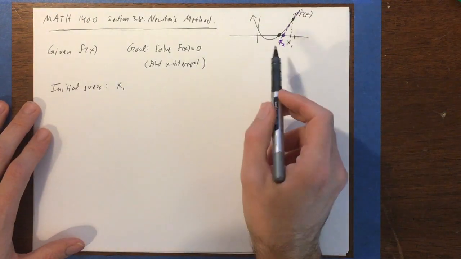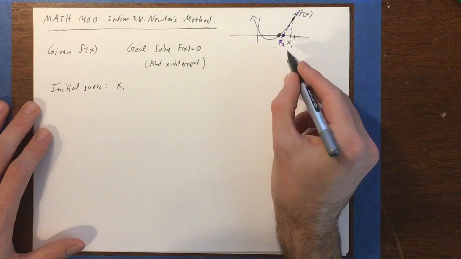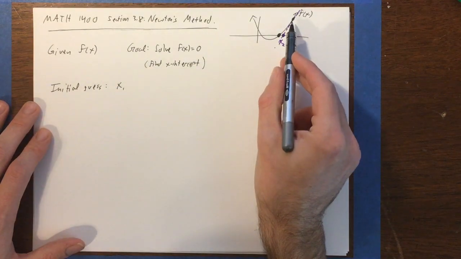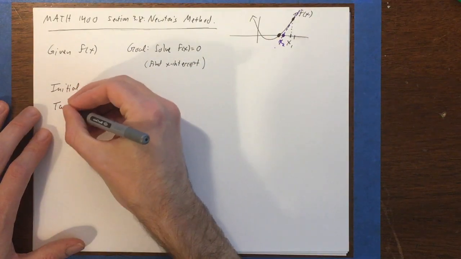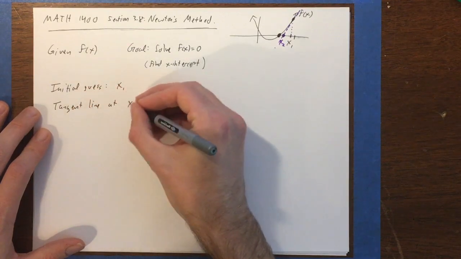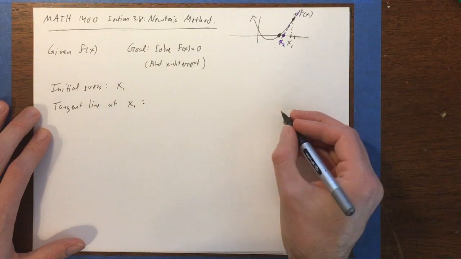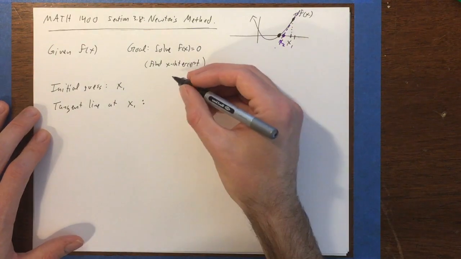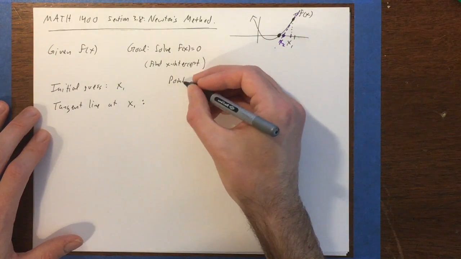So let's see how this goes. Our initial guess is called x1, and what we have to do now with this x1 is get the equation of a tangent line at x1. Remember, to get a tangent line, we need a point.